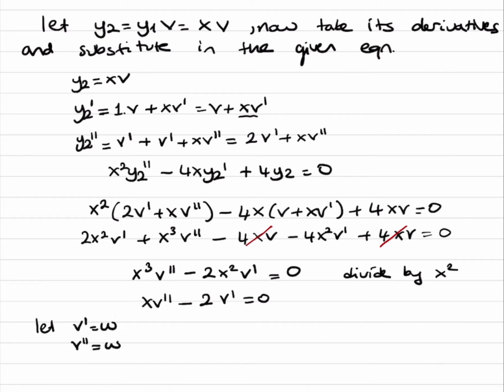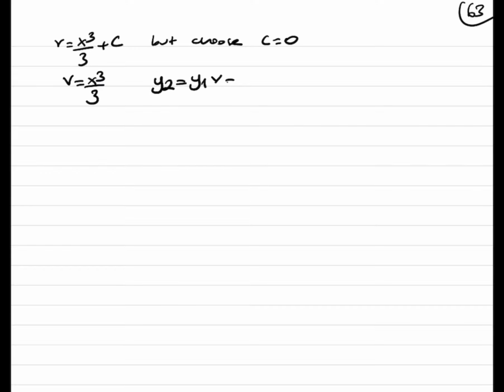Okay, we continue here. I will write it again, plus c, but again choose c is equal to 0, because at the end we will add some constant to the equation. So v is equal to x cubed over 3, and what was y2? It was y1 times the function v.